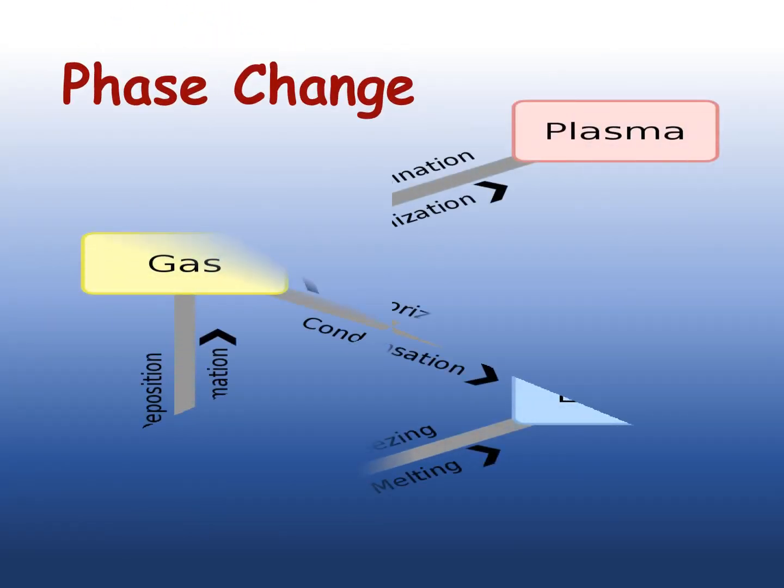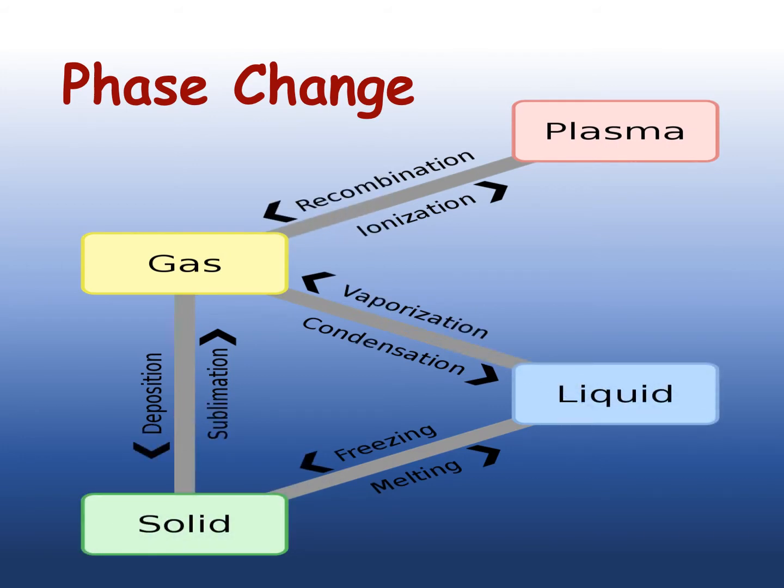This is a phase change diagram. In this diagram, we can see the different processes that a state of matter must undergo in order to change its state. We have to remember here that solids have the lowest amount of energy while plasmas have the highest amount of energy.